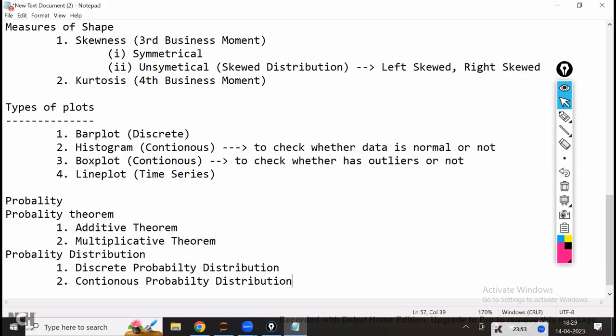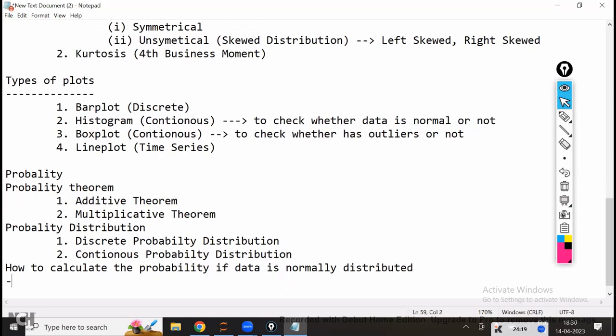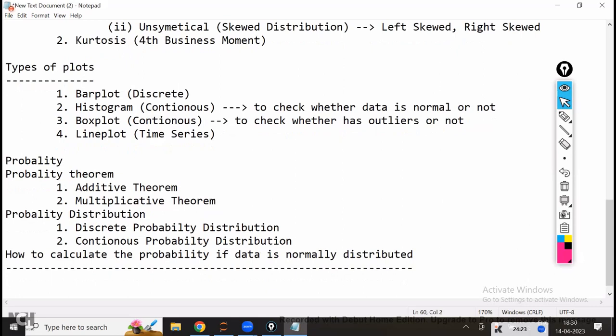Along with that, we have seen how to calculate the probability if the data is normally distributed. If the data is not normally distributed, we can't apply this rule. If it is normally distributed, what options have we discussed?